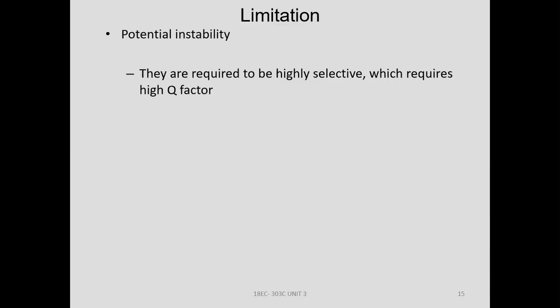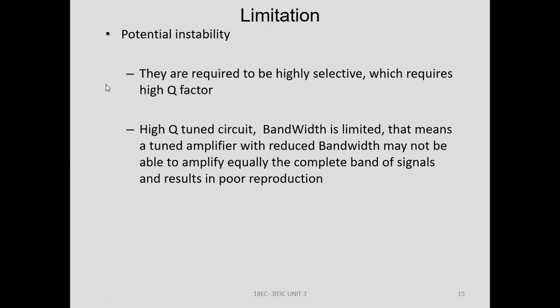What are the limitations of the single tune amplifier circuit? The limitation is potential instability. What is potential instability? We'll discuss. Tuned amplifiers are needed to be highly selective. For high selectivity, the Q factor should be high.